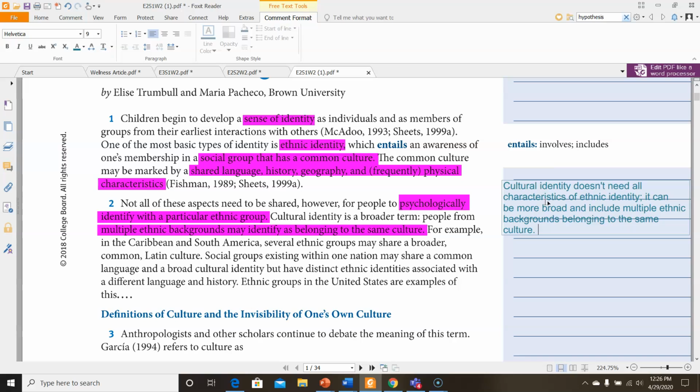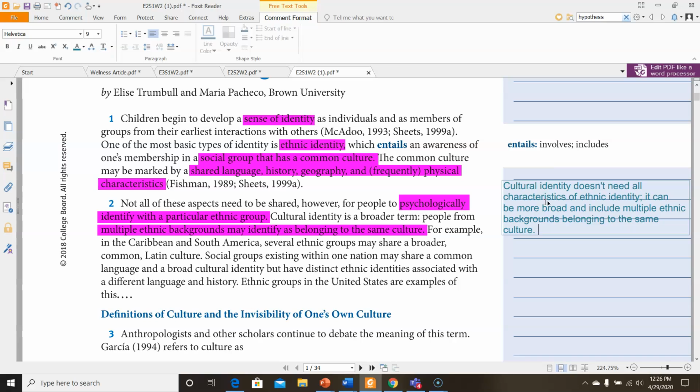So for instance, say that you are Cuban. You belong to the ethnic identity of being Cuban, which is separate from being Guatemalan or Mexican or Dominican or anything else.